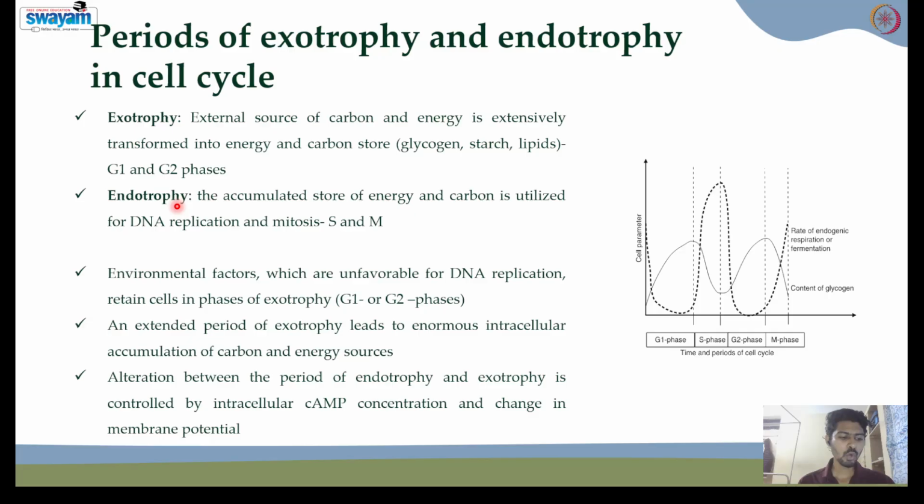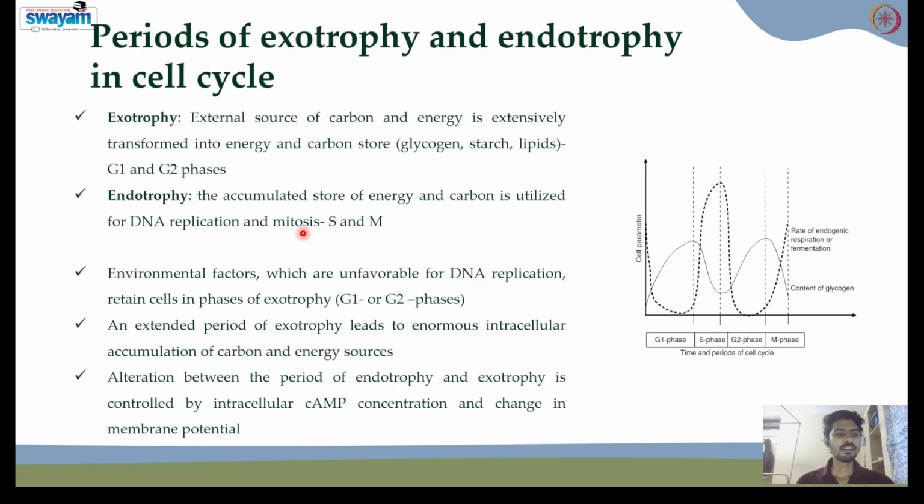Whereas in endotrophy, what happens? They accumulate the store of energy, and carbon is utilized for DNA replication and mitosis. The stored energy in the form of glycogen, starch, or lipids will be utilized for DNA replication and mitosis.